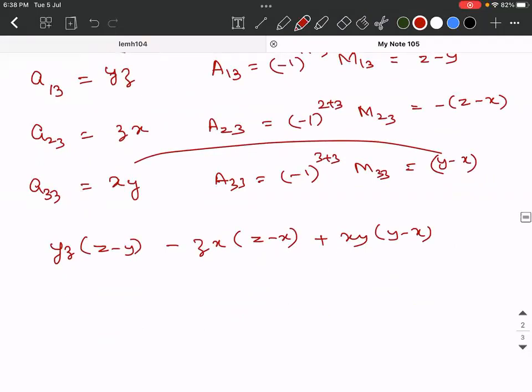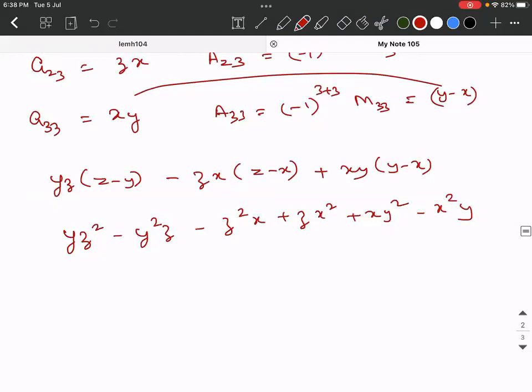So what do you get? yz square minus y square z minus z square x plus zx square plus xy square minus x square y. Are there things that are getting cancelled? Nothing. x square into z minus y.